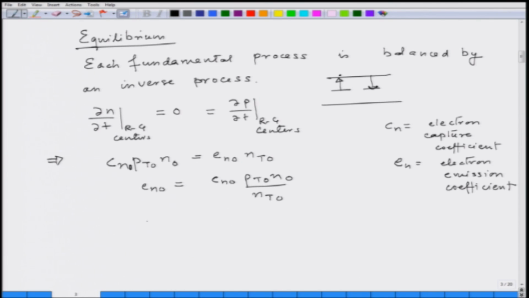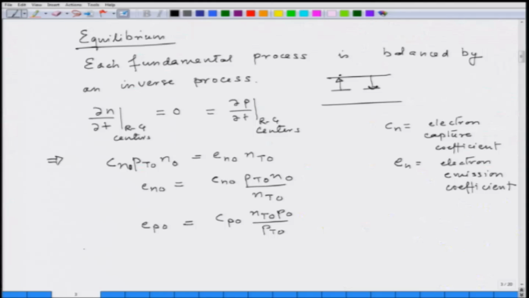The same thing I can also write for the holes. This will give me E_p0 for capture of holes in equilibrium, n_T0 and p_0 over p_T. Now, although the capture coefficient and the emission coefficient for electrons and holes may change as things change, we are going to make an assumption here.